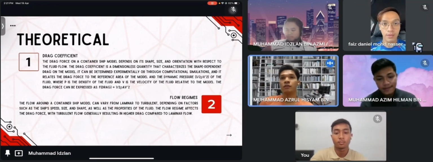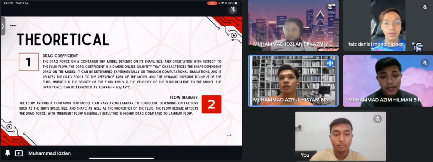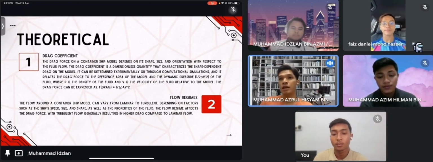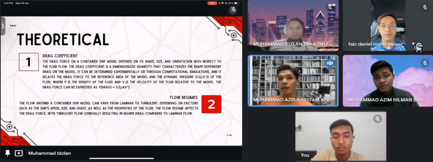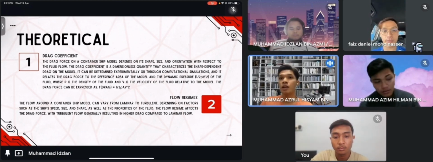Alright, for the theoretical part, first is the drag coefficient. The drag force on a container ship model depends on its shape, size and orientation with respect to the fluid flow. The drag coefficient is a dimensionless quantity that characterizes the shape-dependent drag on the model.